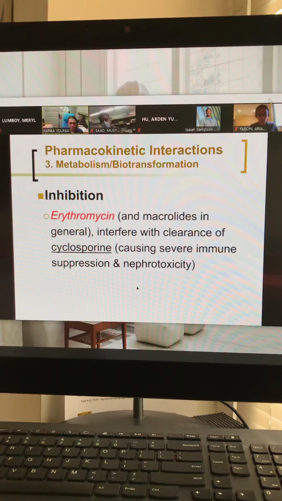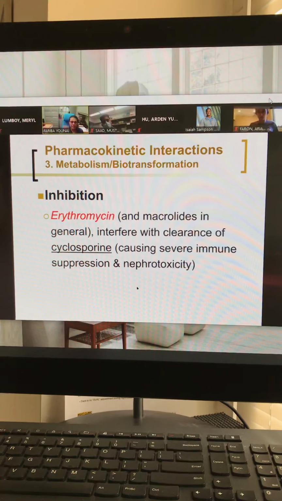Cyclosporine is one of those medications. It is an immunosuppressive agent, and a lot of people with autoimmune conditions or post-transplant are taking cyclosporine. Whatever you write, you don't want to interfere with that because the effectiveness of this medication is going to change. Erythromycin and macrolides in general are cytochrome P450 inhibitors.